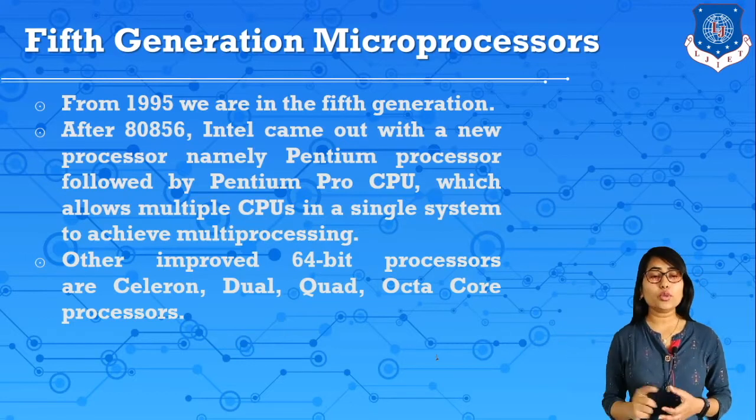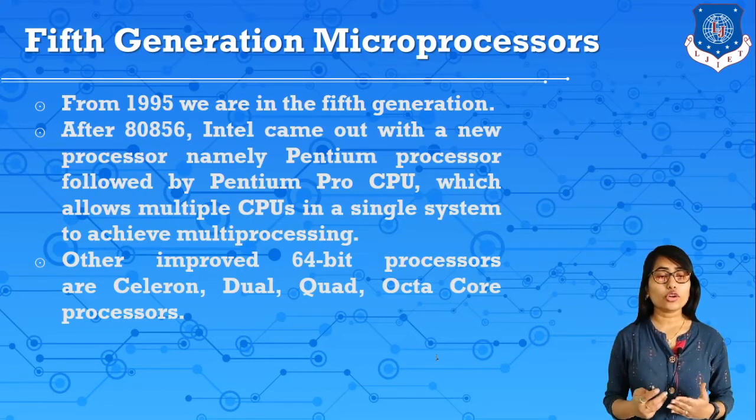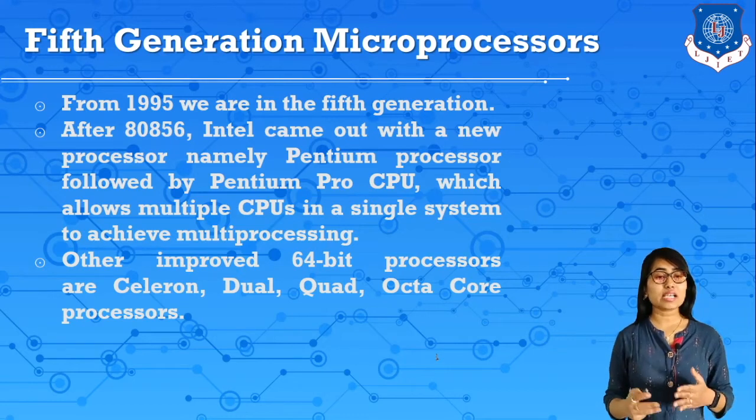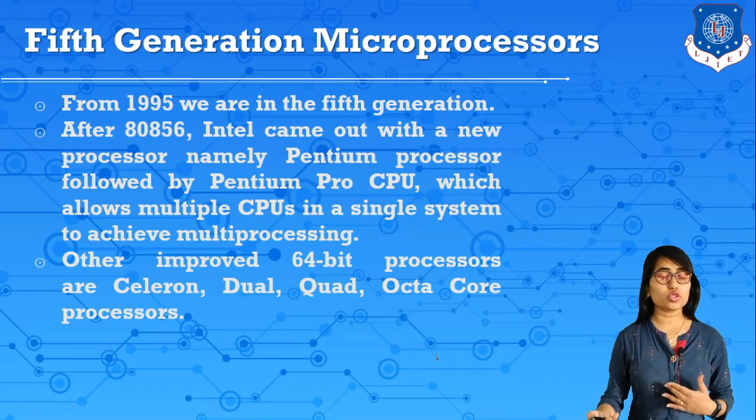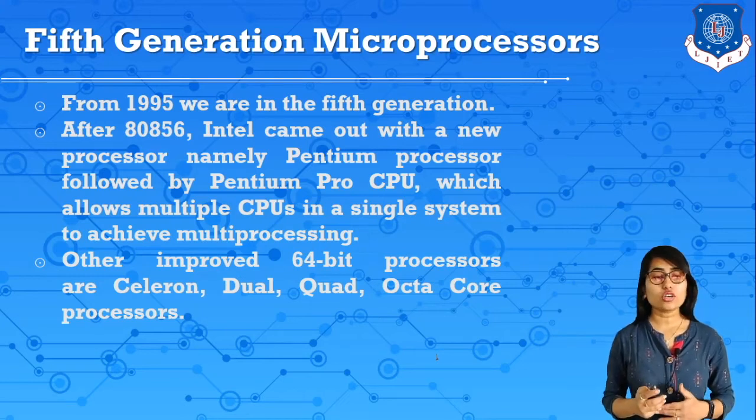The other improved 64-bit processors are Celeron, Dual, Quad and Octa-core processors. These are basically faster processing processors, and the fifth generation was introduced with them.